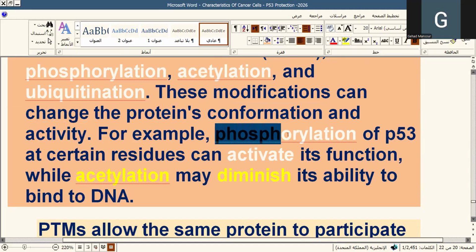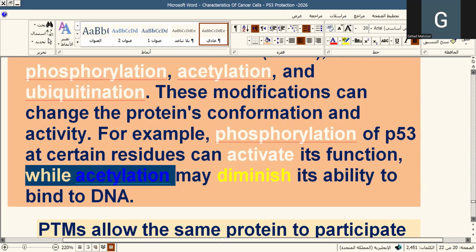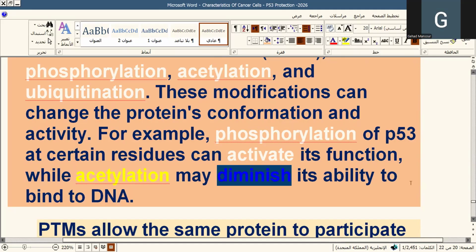For example, phosphorylation is important because it helps activation of P53. So phosphorylation changes the conformation of P53, but it changes its conformation in a way that makes it more active. On the other hand, we have acetylation. Acetylation diminishes the ability of P53.